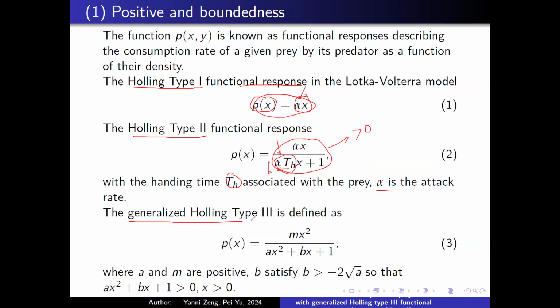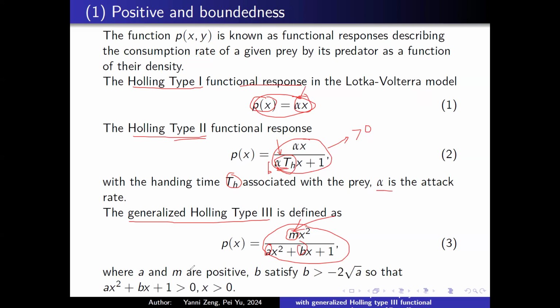And the third one is Holling type III. This is the general form of Holling type II, and this constant is also rescaled. Actually m is a component of many constants, and we will discuss it later.